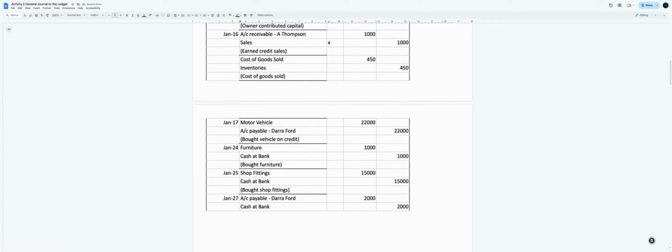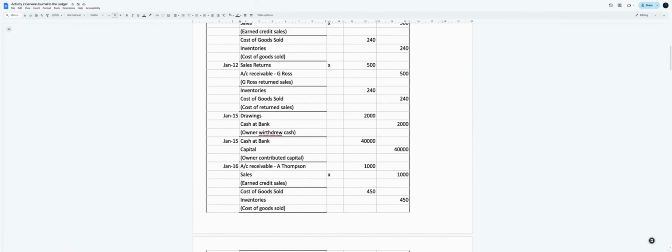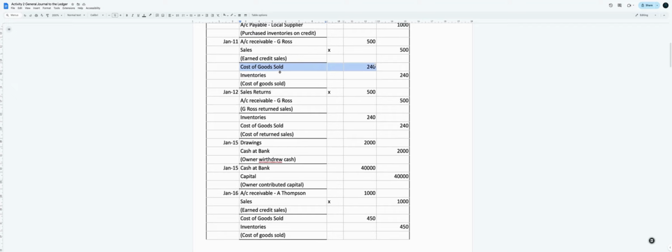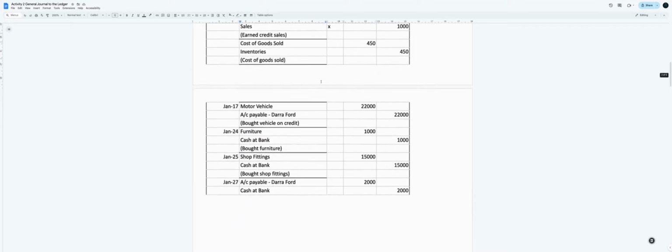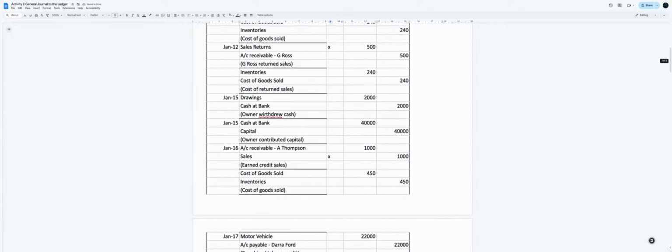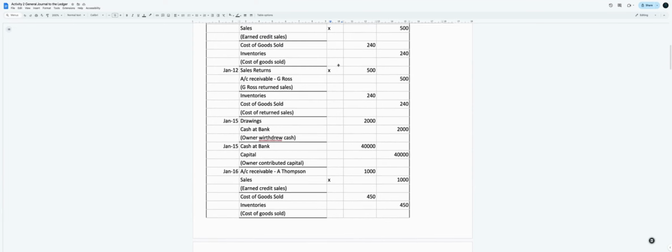Well, we have to go back to that cost of goods sold, and we see this one that we were looking at. This was our first one. It affected this account called inventories. So we write down here inventories. We've posted that one now, put our reference check in there.